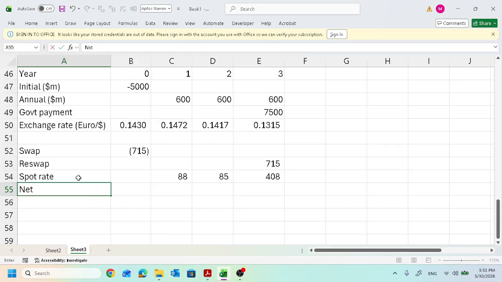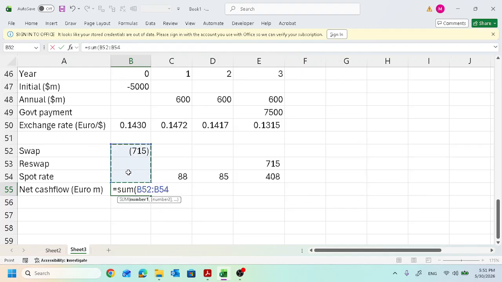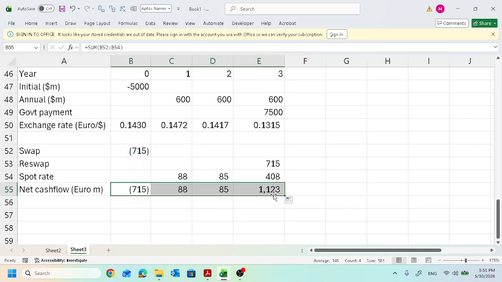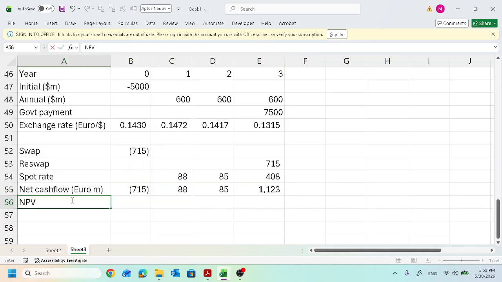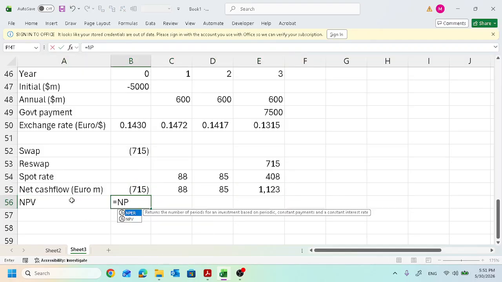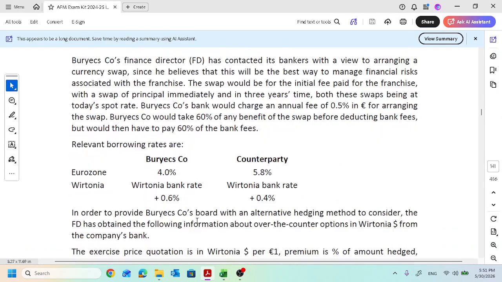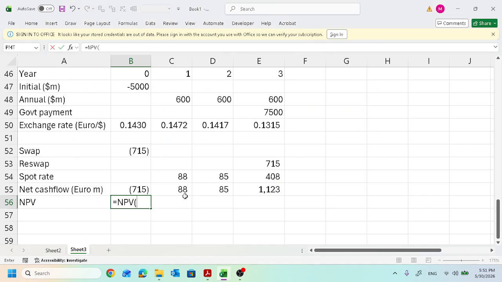So now you have in dollars. So net cash flow, not dollars, you have converted in euros, euro millions. Let me use the sum function. These are the cash flows from the project with the swap. Find the NPV. What is the rate they have used? 14%.